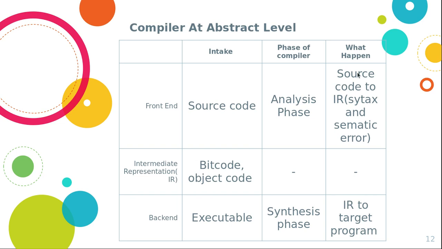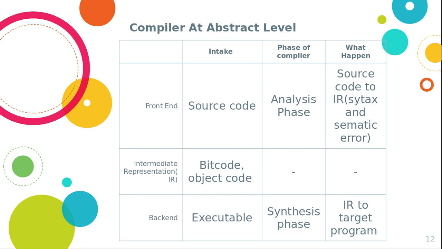This phase is also known as the analyzing phase. Source goes to IR, where IR means intermediate form between your front end and back end. Then there is object code generation, and the back end produces the executable. Back end means where you run the code. When your linker and loader come into the picture, this is known as your back end.